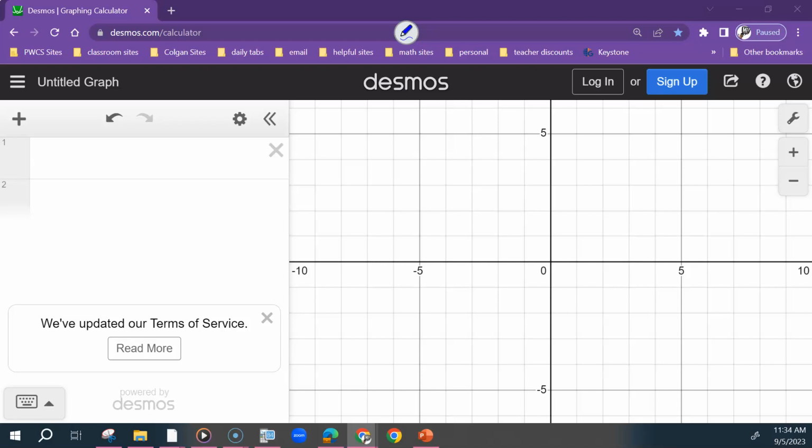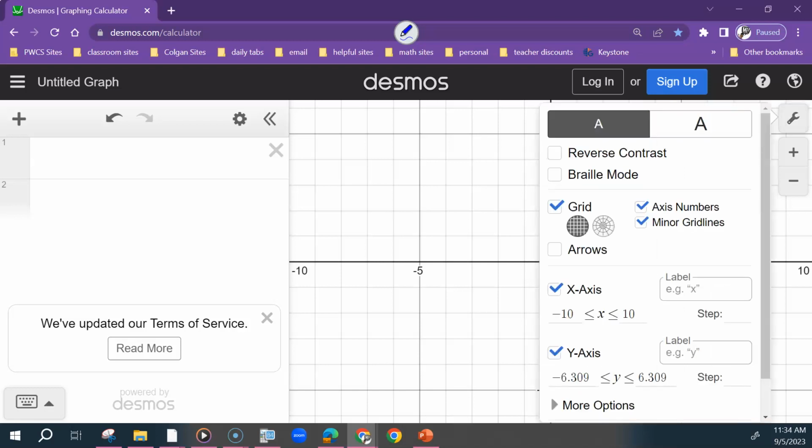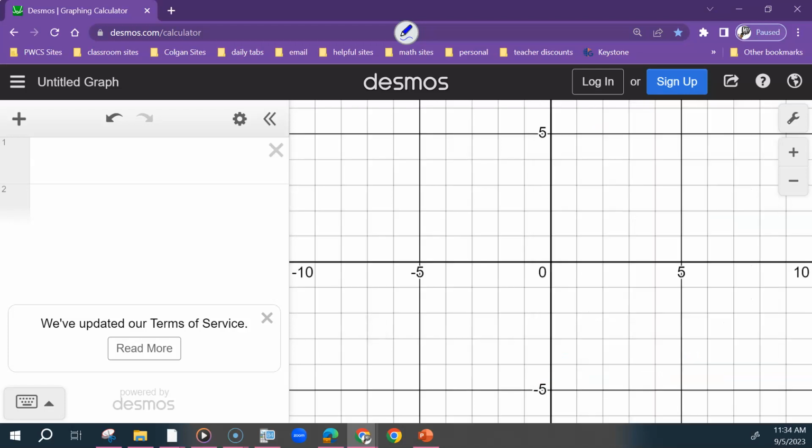Alright, Desmos things. If you want to make the graph thicker, bigger, easier to read, you can go into the wrench and press the bigger A, and the lines will become thicker, bigger, easier to read. There is a keyboard in Desmos.